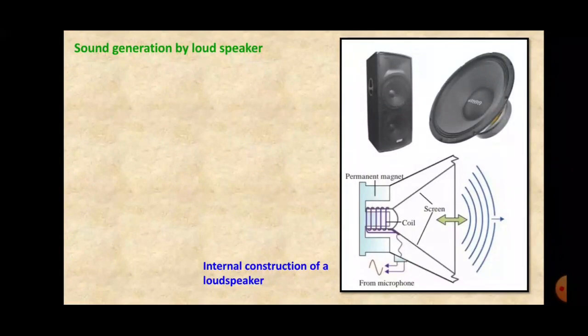Now here, as the coil moves, the screen of the loudspeaker, the outermost covering of the loudspeaker, also moves back and forth, out and in. And as it moves out and in, the sound waves are produced. And thus, because of the production of the sound waves, the sound can be heard.